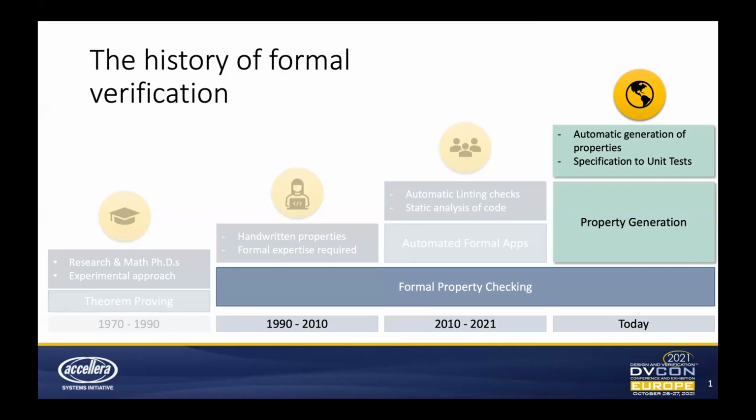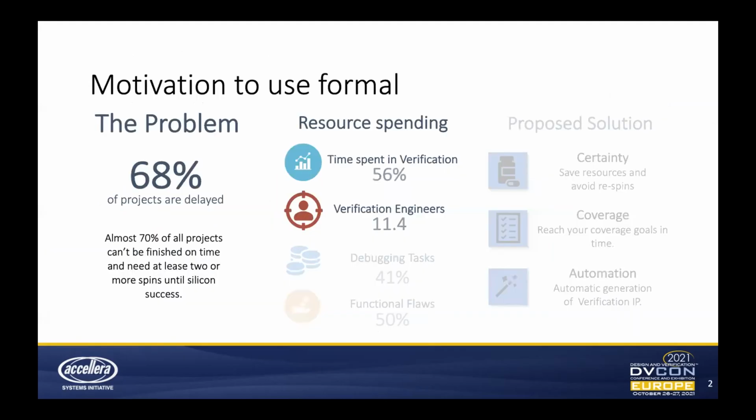We have some kind of formalized, executable specification, and then we generate the properties, and the properties are the unit tests that allow us to verify our units. I will now go through how this could work, but before we dive more into the topic, why should we actually do this? Why should we use formal and not some other technique?